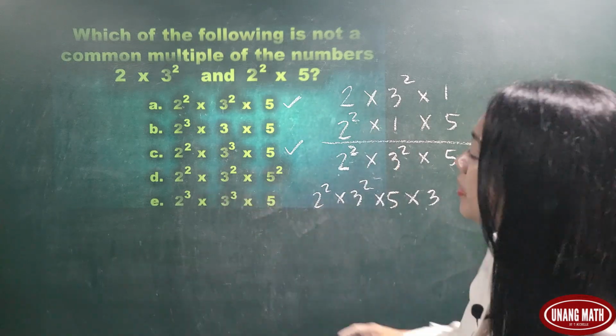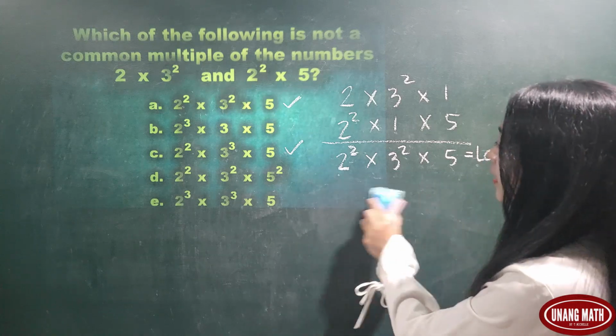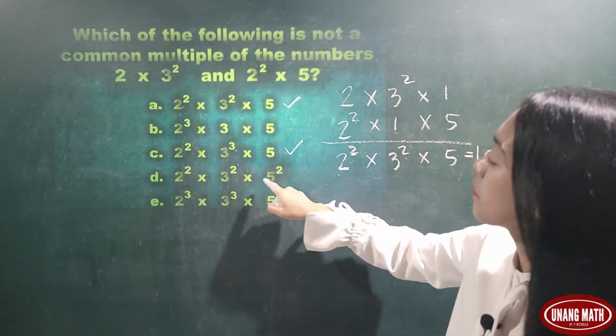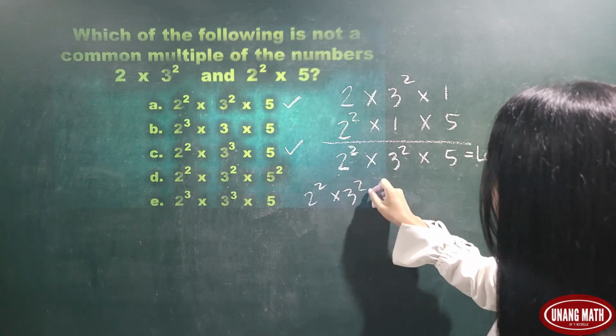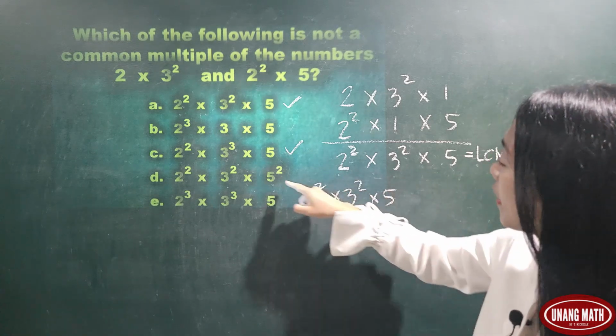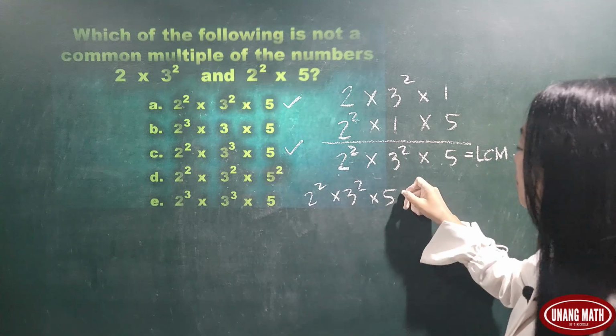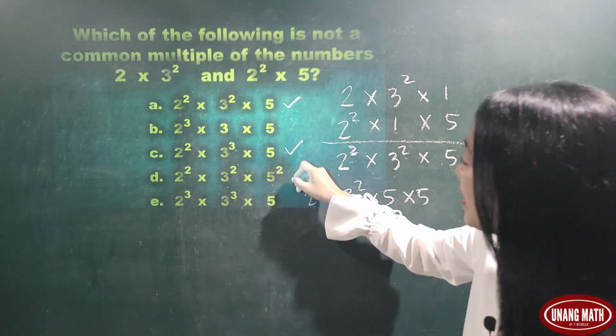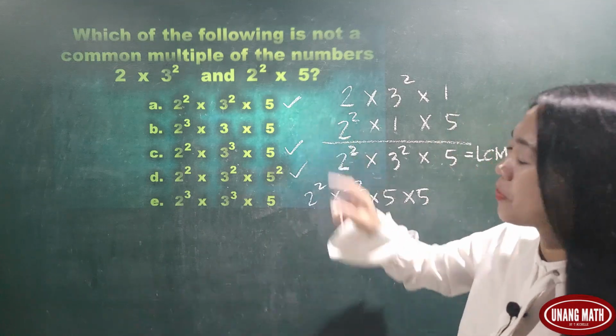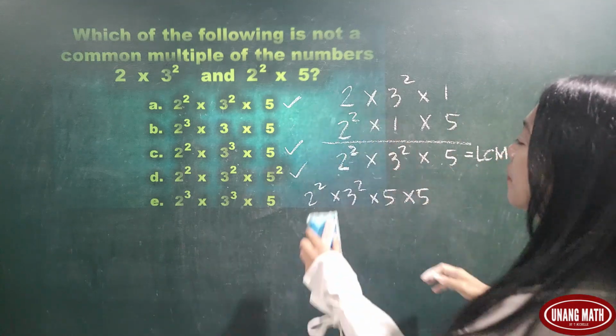Let's have letter D. We have 2 squared times 3 squared times 5 squared. So the LCM is 2 squared times 3 squared times 5. But this is 5 squared. So it means we need to multiply this by 5. So D is also a common multiple of these two numbers.